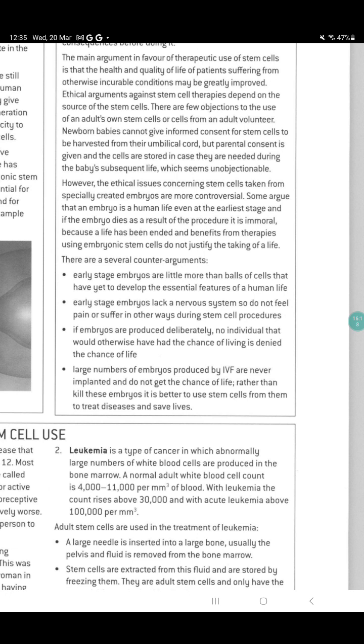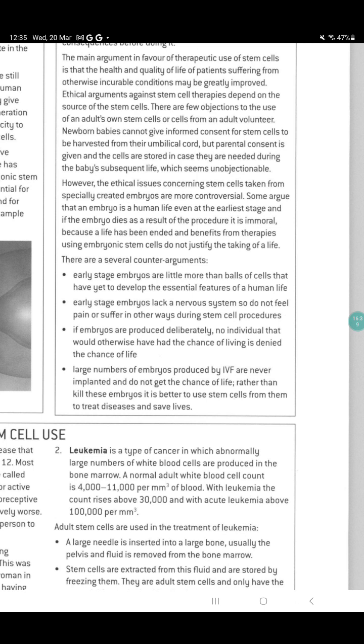So in favor of stem cells, a few people say that while performing IVF, it's not the case that only one embryo is produced and inserted into the female body. More than one embryo is prepared and then injected into the female body.